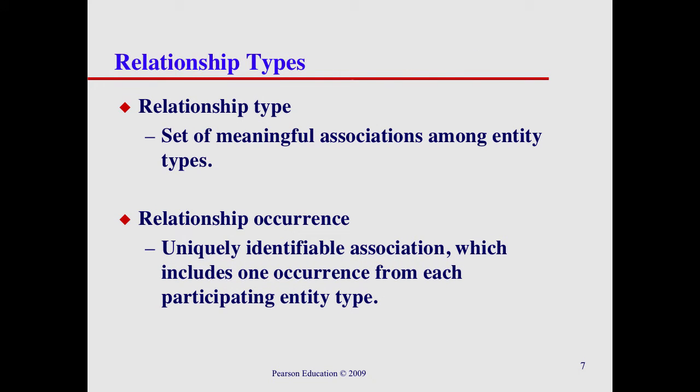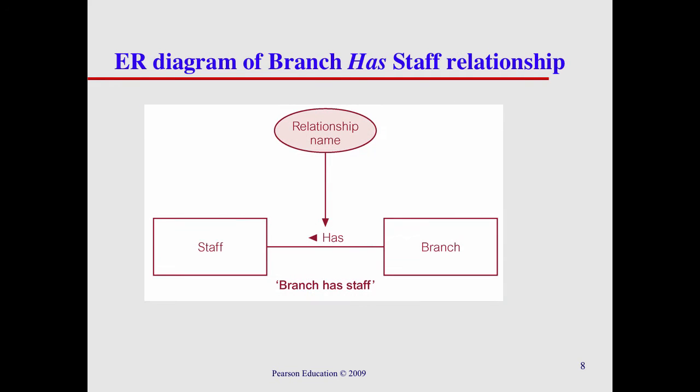And then the important thing in the design of the database is defining your relationships between your types, because when you decide what your relationship types are, you're really deciding what your foreign keys are.